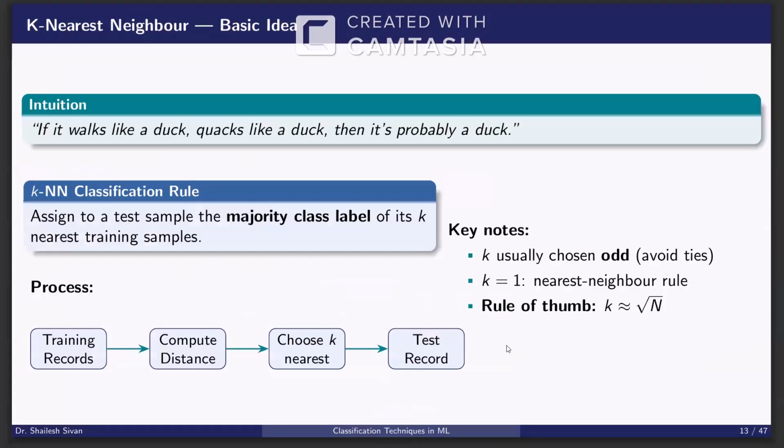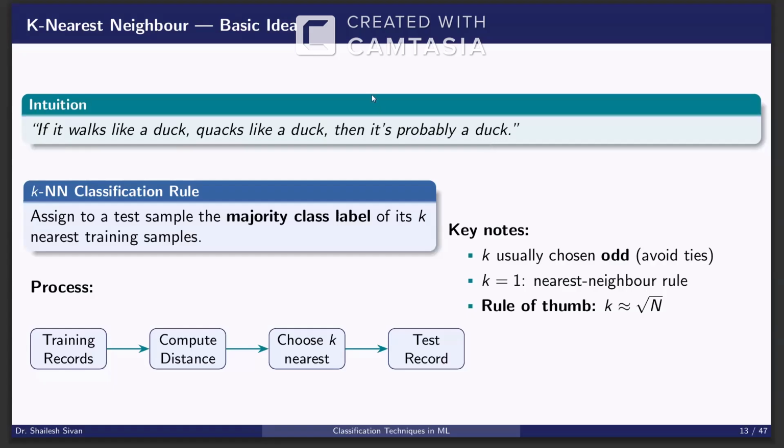Okay, now KNN. KNN is another machine learning algorithm which is used for classification. The intuition is K nearest neighbors: if it walks like a duck, then it is probably a duck.